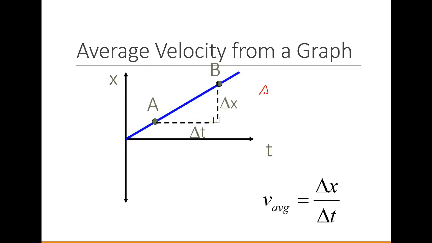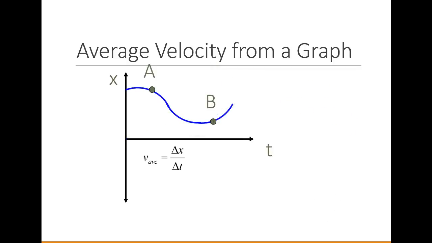So therefore, the slope of x versus t is v average. Okay? Now what do you do if you have a graph that has a curve to it? Well, that's no different. We just draw a line between the 2 points and we calculate the slope.